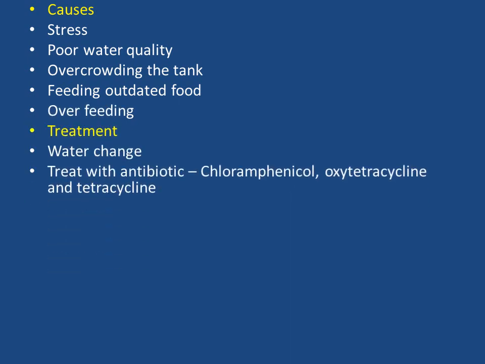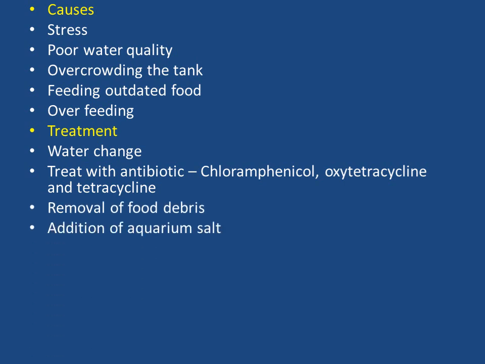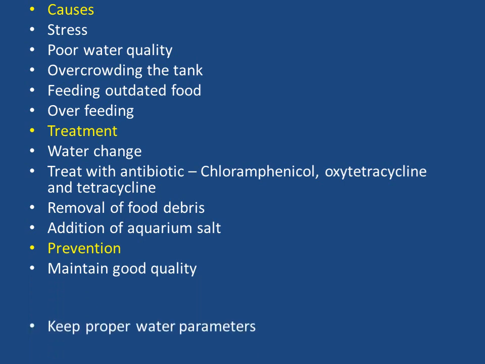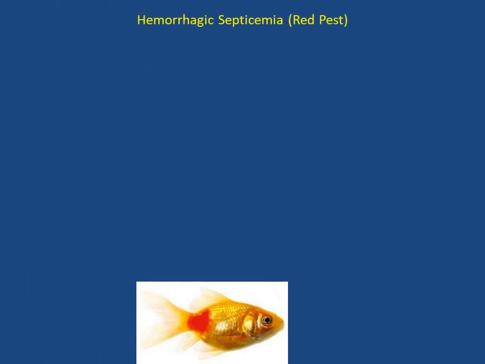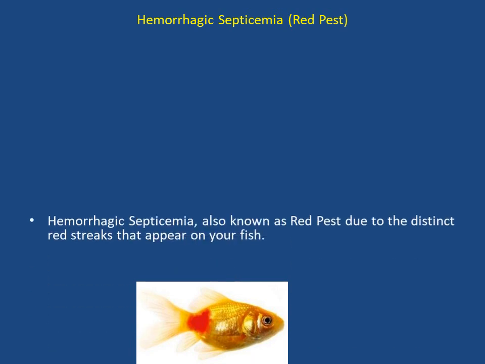The treatment includes frequent water exchange and addition of antibiotics: chloramphenicol, oxytetracycline, and tetracycline. Removal of food debris, addition of aquarium salt, and the prevention is to maintain good water quality, keep proper water parameters, avoid overcrowding.